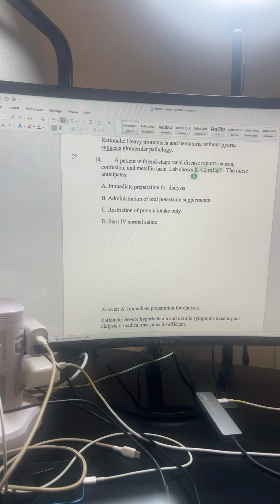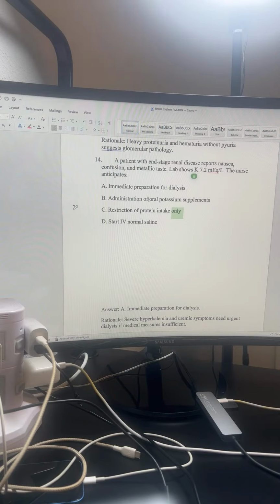Remember this patient is in end-stage renal disease. You don't want to start normal saline on this patient, because you're going to put this patient in fluid overload. You definitely want to restrict your protein intake, but because of the word only in that answer, you're not going to choose that for your exam.